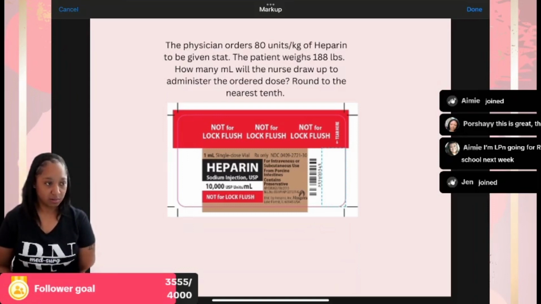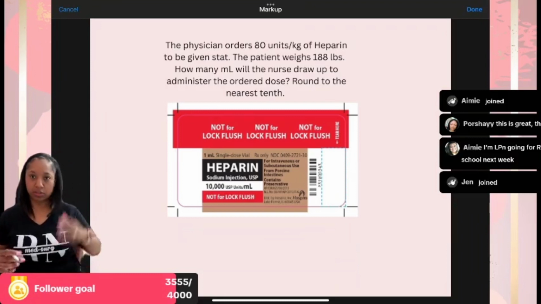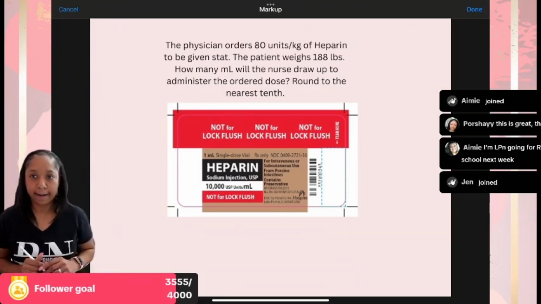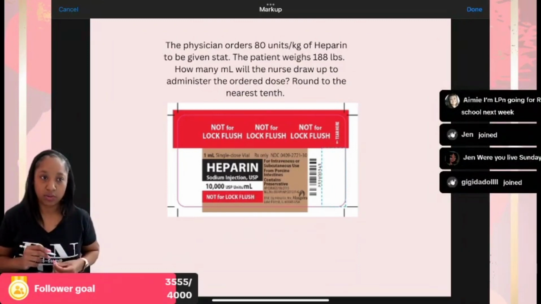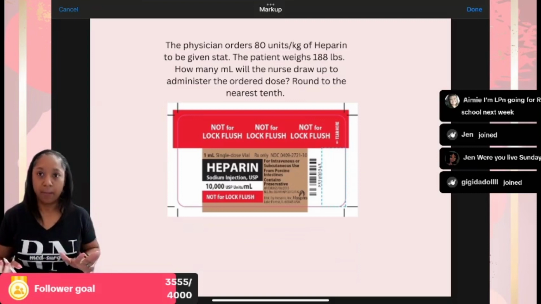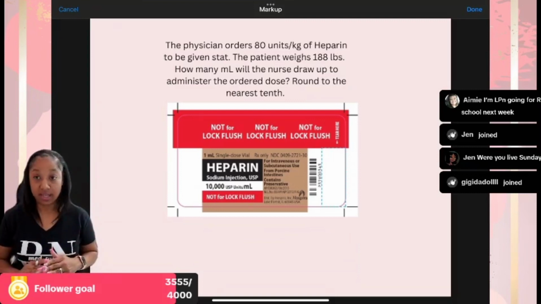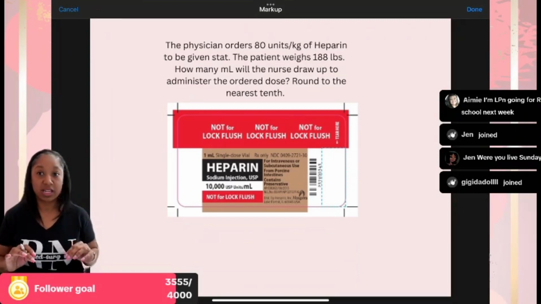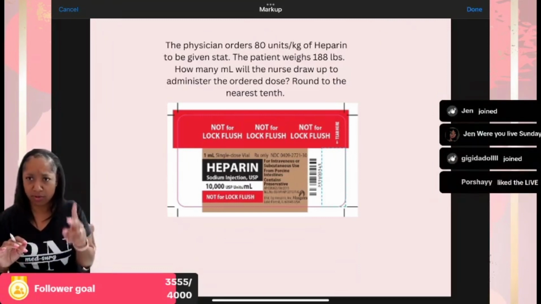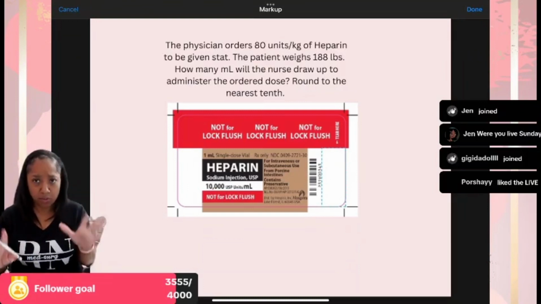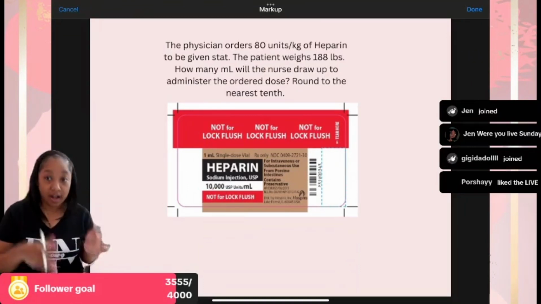Okay, so look at this heparin order. When you look at drugs, I don't want you to get confused, and I don't want you to panic, because what we need in all things is a strength, so that's your milligram, your unit, your milliequivalent, whatever, and a volume.